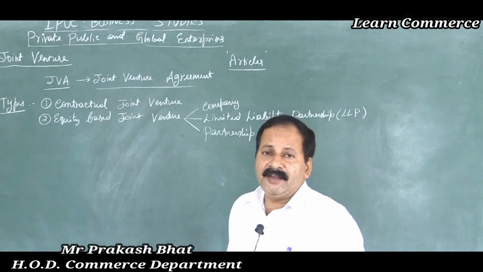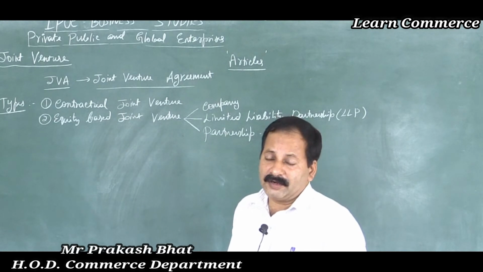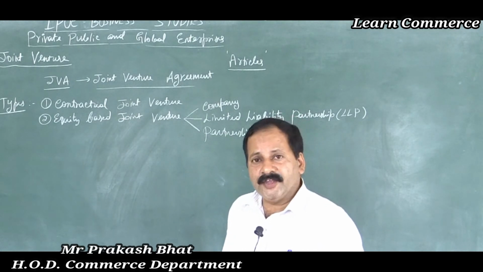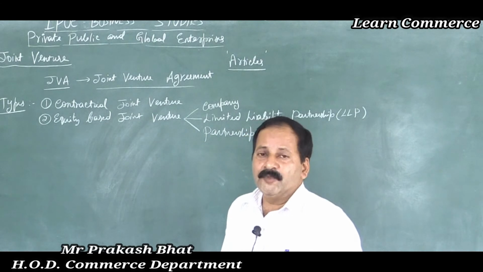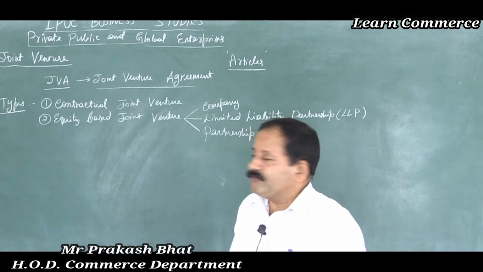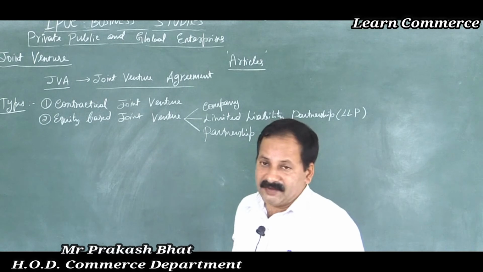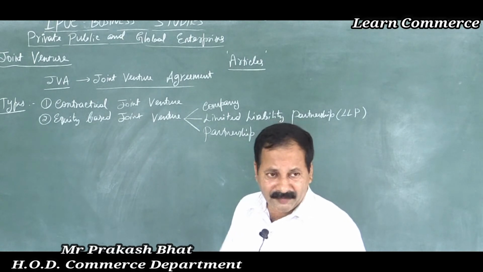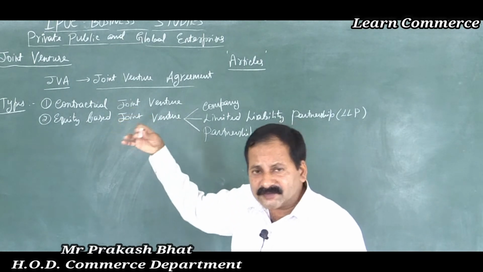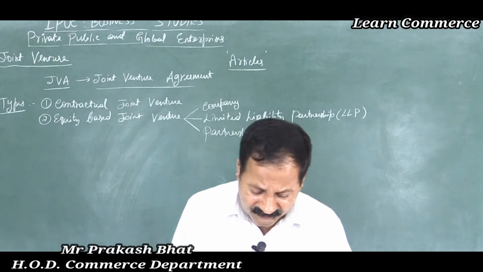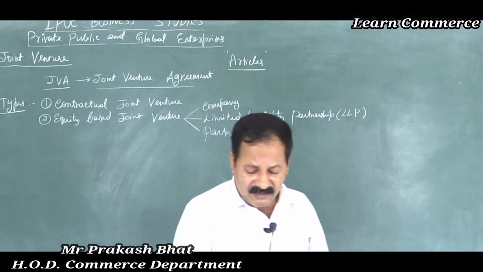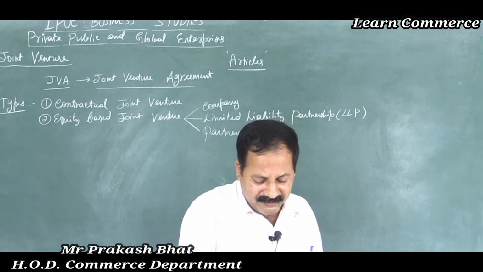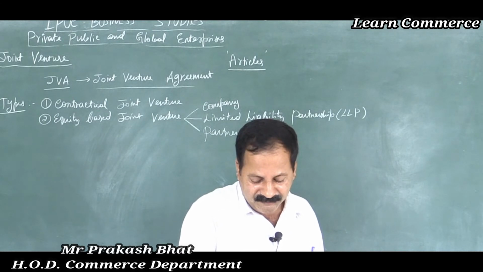Benefits or losses will be shared or borne by all the parties involved in the joint venture. That is called equity based joint venture. Here a new entity gets created. They will not start with the same entity which they already have. A new separate entity will be started.